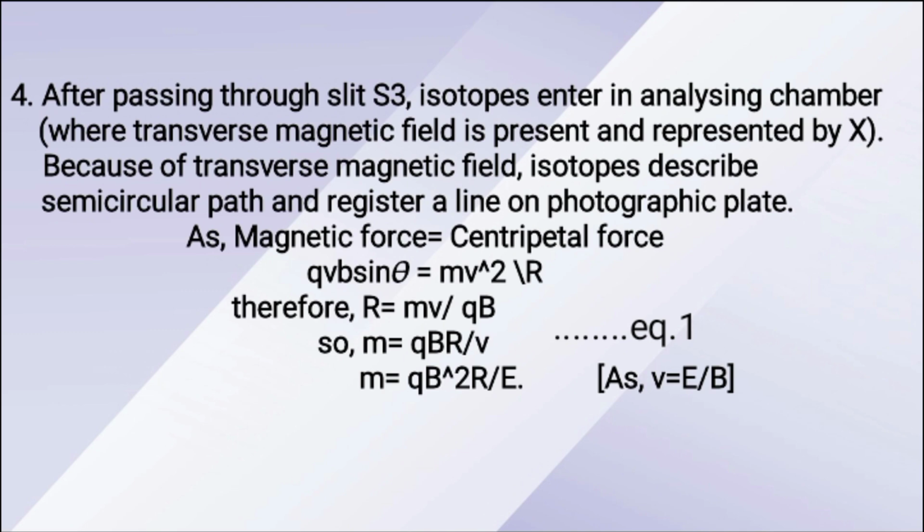Then r equals mv by qB. Then we can say that m, the mass of the particle, equals qBr upon v. When we substitute v equals E by B in equation 1, we get m equals qB square r upon E.